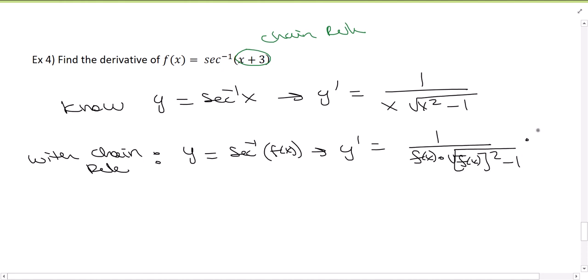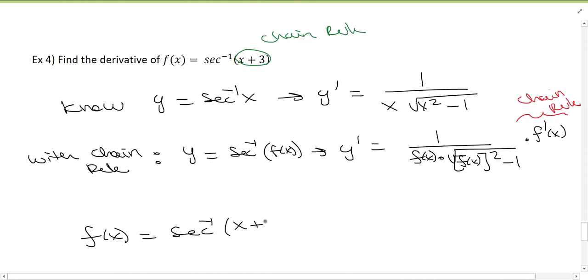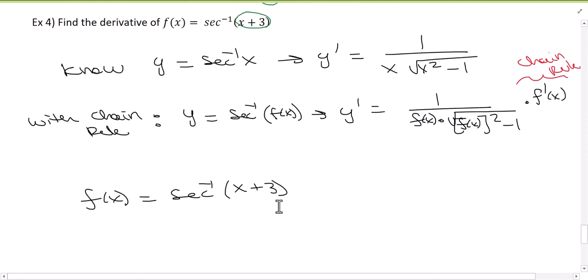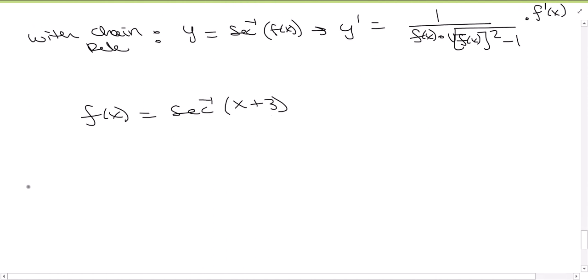And then by the chain rule, times the derivative of the stuff. So this is the chain rule part. And also we're leaving the inside alone. So when I have f of x equals secant inverse of stuff, it's not just x. That's how I know that I have to use the chain rule.